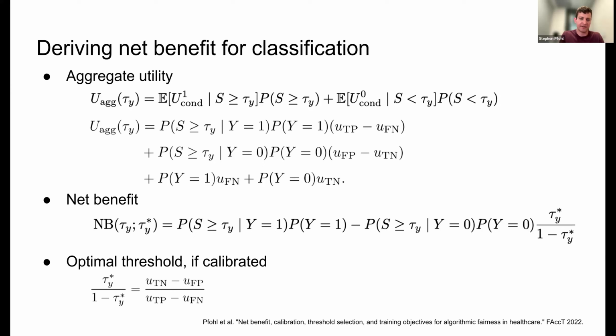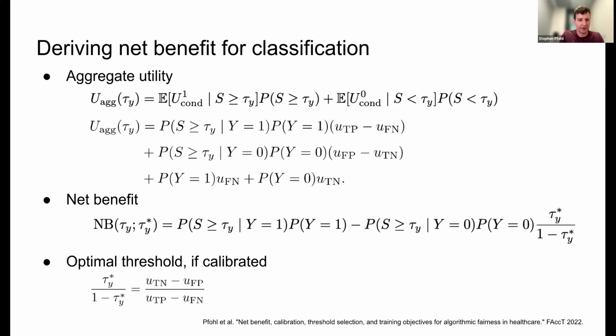Instead, we only need to specify the threshold for which, based on our knowledge of the system, patients would prefer to be treated above that threshold. You can see this expression for the net benefit in the middle of the slide. This is actually just a scaled and shifted version of the aggregate utility above.